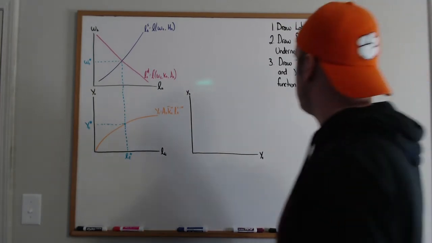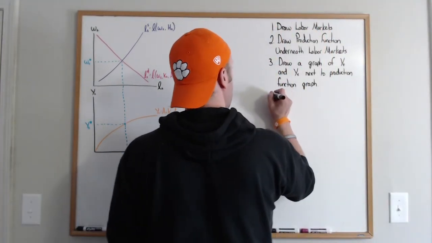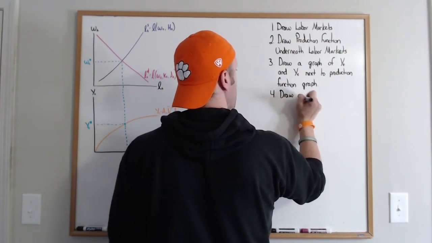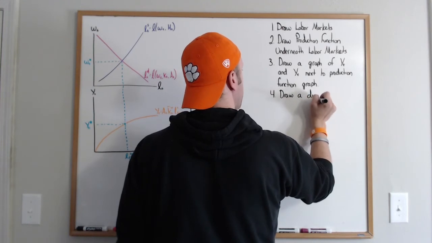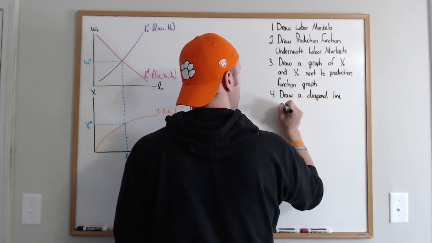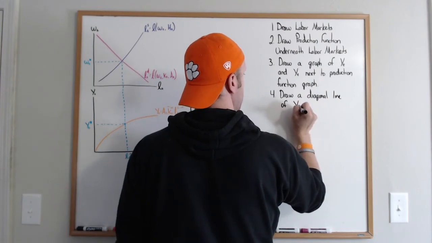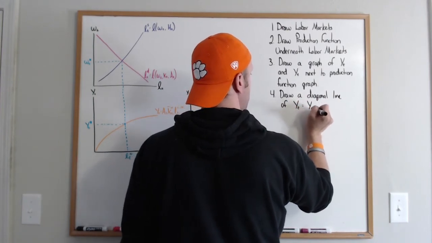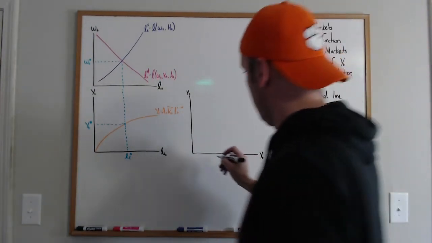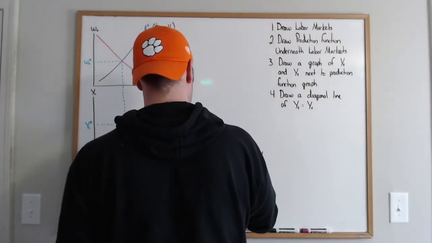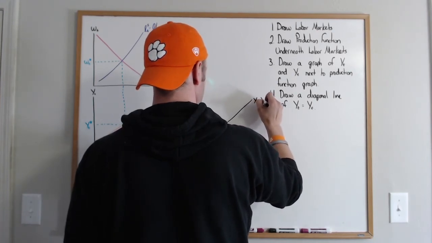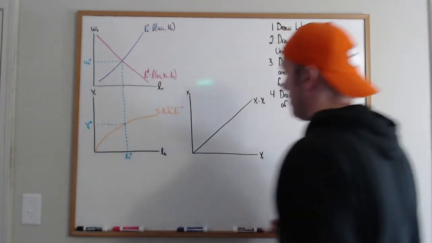All right, but how are we going to translate that? Well, we're going to translate it by drawing a diagonal line, Y_t equals Y_t. We're going to have that right there.